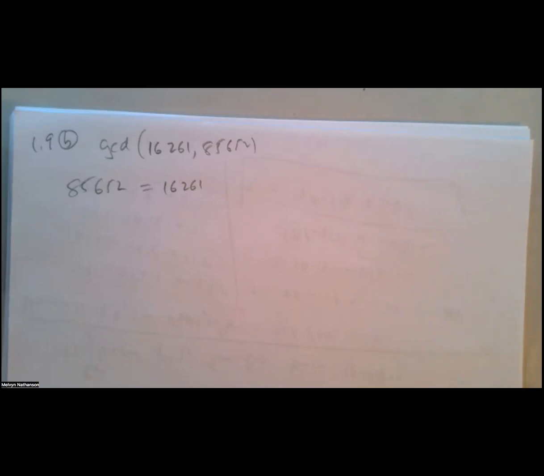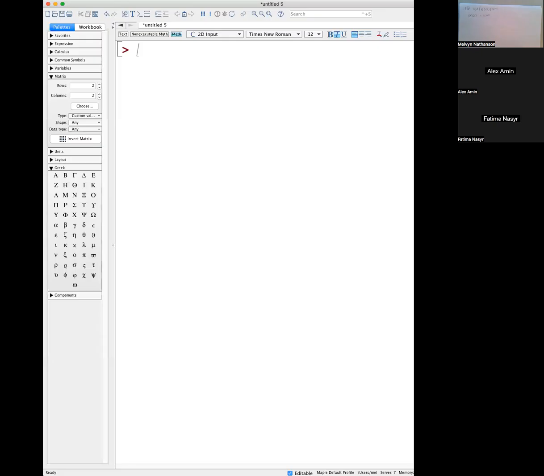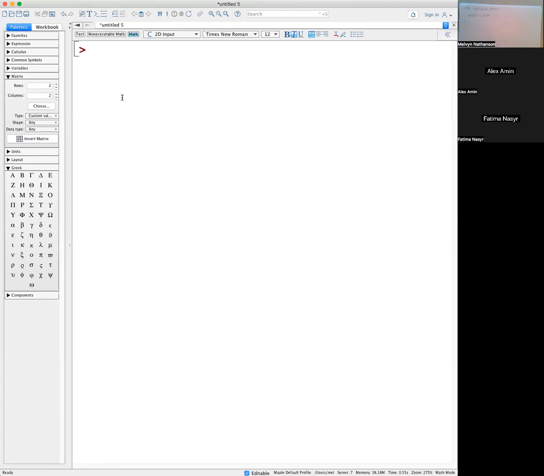I don't actually have a calculator, but I have my computer, so I'm just going to use Maple as if it were a calculator. Let me share my screen with Maple. Okay, you should see this Maple screen.